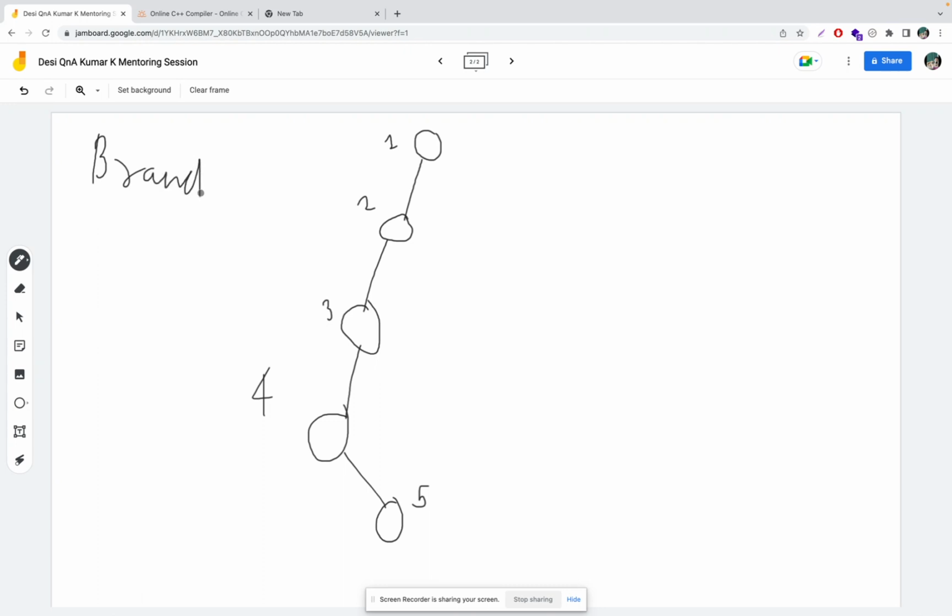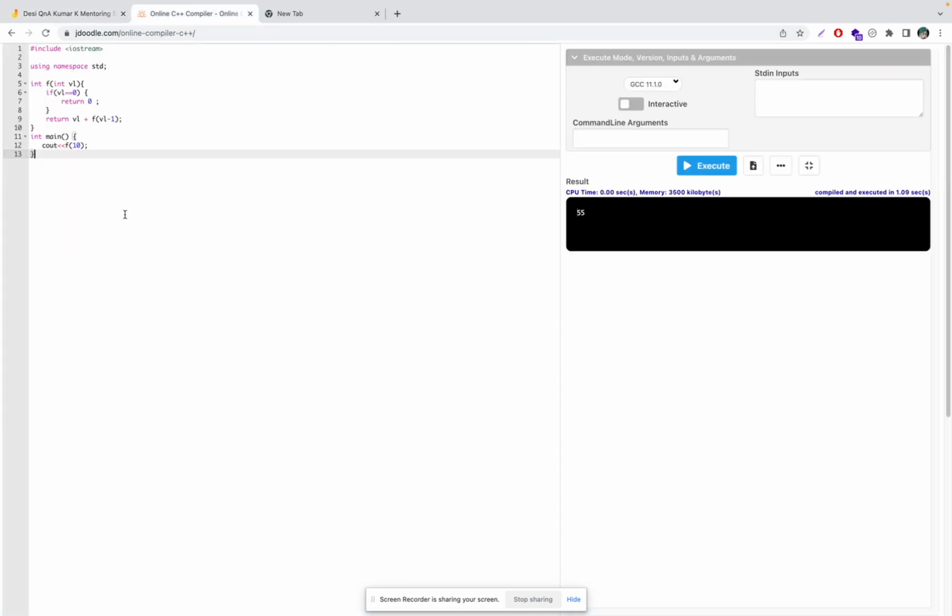You can note it down also. We will always have a branch. Always remember that. So I'm writing it here as well. For recursion, the trick is we will always have a branch.